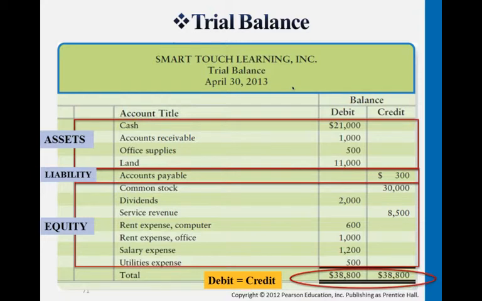The goal for doing the internal document, the trial balance, is to make sure that debits and credits equal each other. If these two do not agree with each other, then we have to go back to the ledger to double check some of the transactions, and whether we have been posting to the right side.